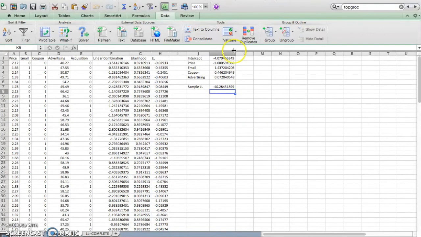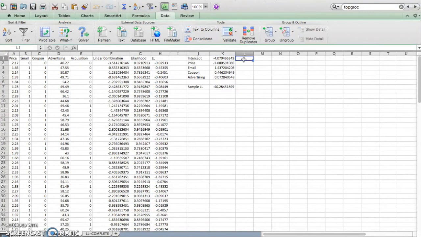Okay. So these are now the coefficients that would maximize the sample log likelihood, or the likelihood of observing the data that we observed, which is really just modeling our data again at the very basic root of it. And so from these coefficients, we can see that the intercept is negative, the price has a negative effect on customer acquisition.